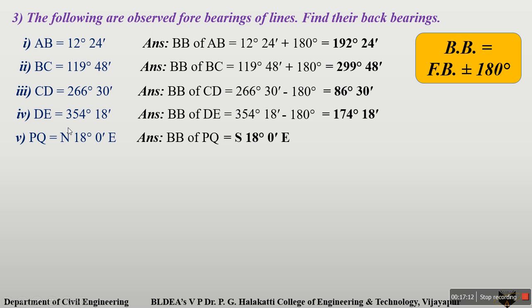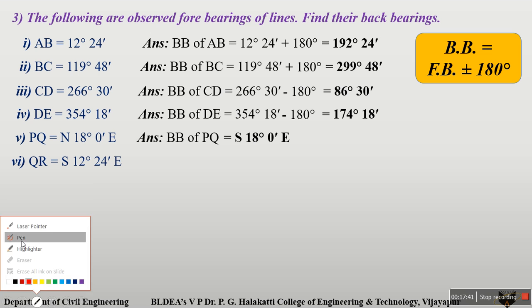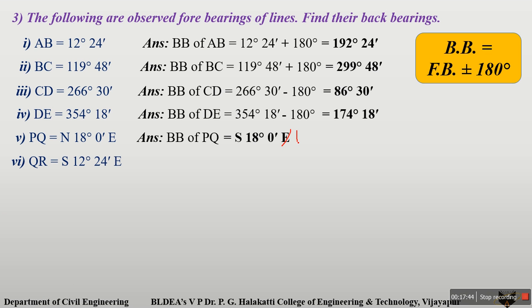Just you have to change the directions of our bearing. That is, if it is north, you can write directly south. If it is east, you can directly write here it is actually W. Just change our directions. Whatever the value will be there, you can write as same as it is. So this one is W.